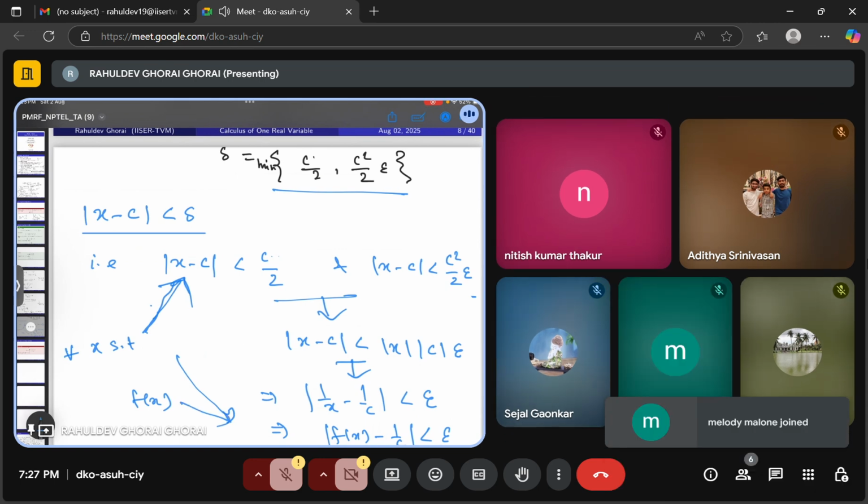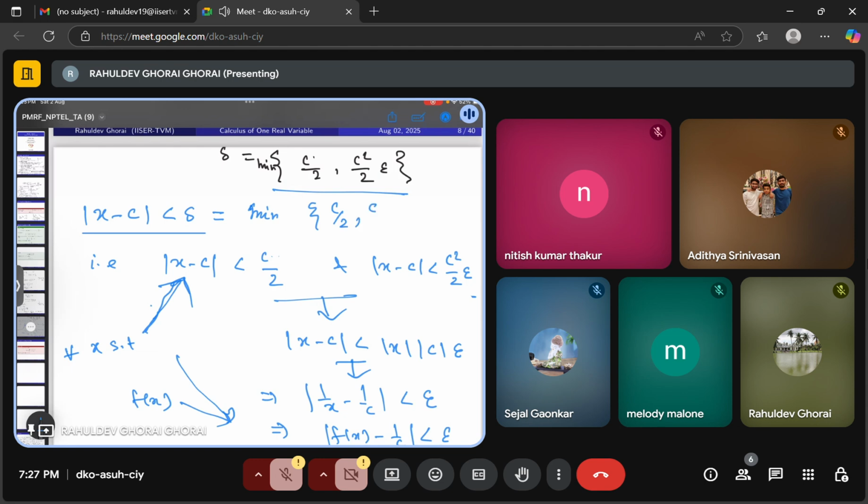And you get the delta, which is the minimum of c by 2 and c squared by 2 epsilon. In general, finding delta is not an easy task, but that is the mathematically precise definition of how you get epsilon delta.